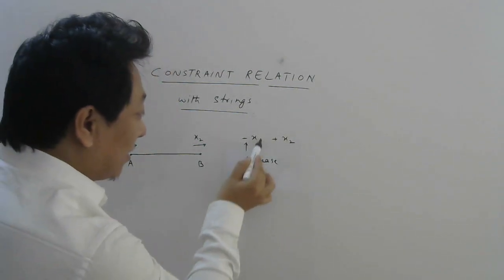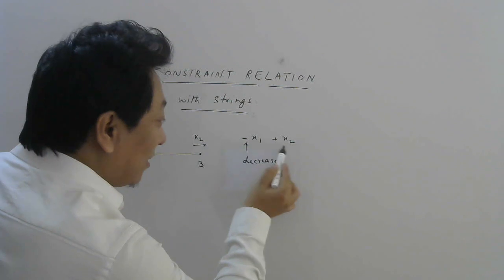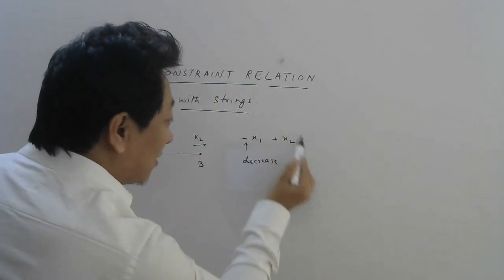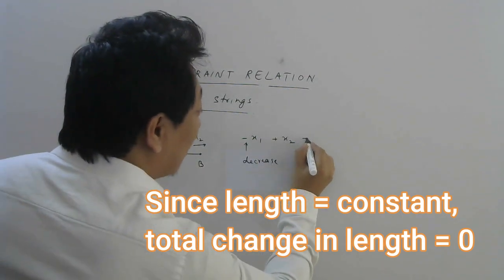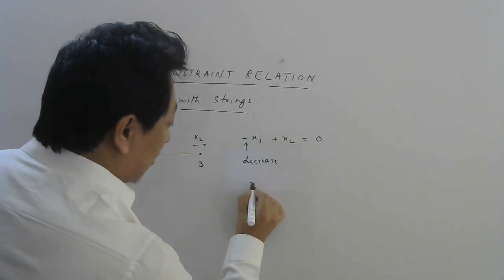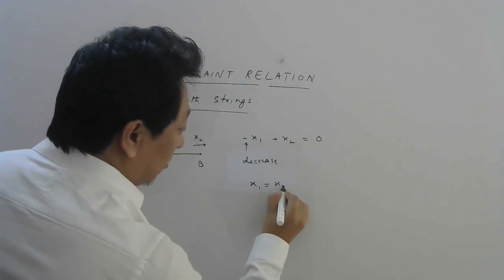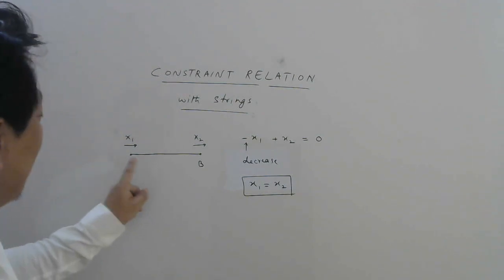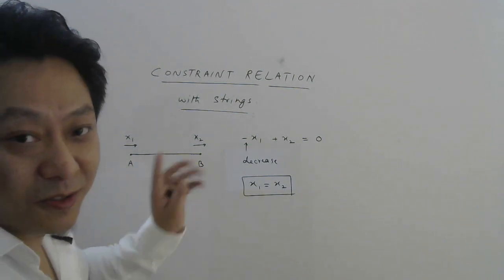So this is the decrease in the length. This is the increase in the length. So the total change in the length will be this summation, and the total change has to be 0. So minus x1 plus x2 equals 0, and if I take this side, what do I get? x1 equals x2. So this is the constraint relation between the displacements of the two ends of the string.